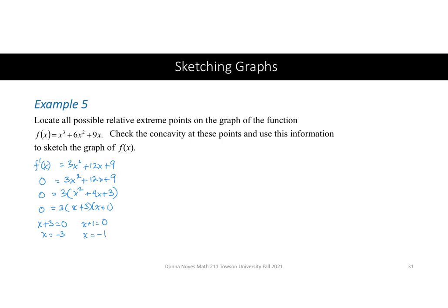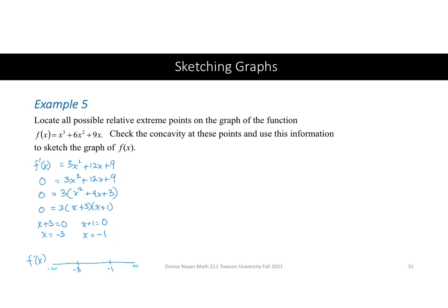So we're going to need to test f prime of x around these values. So here's negative 3 and here's negative 1. Remember, as your number line goes from left to right, that's negative infinity to positive infinity. Negative 3 is less than negative 1, so it needs to come first.